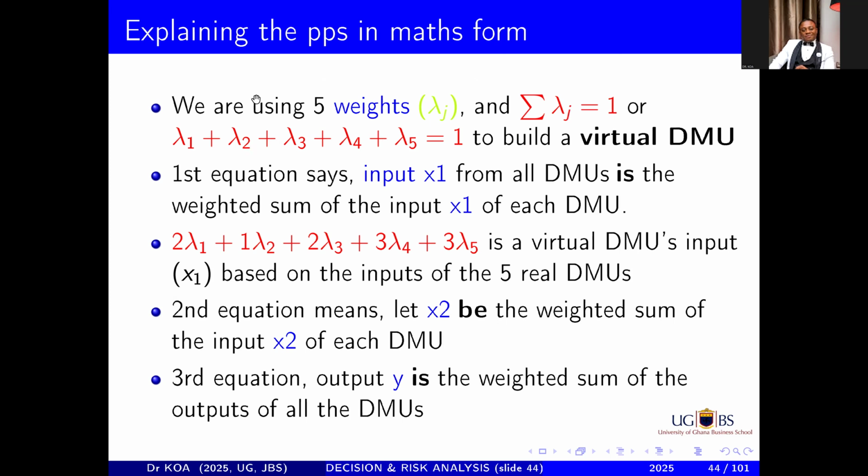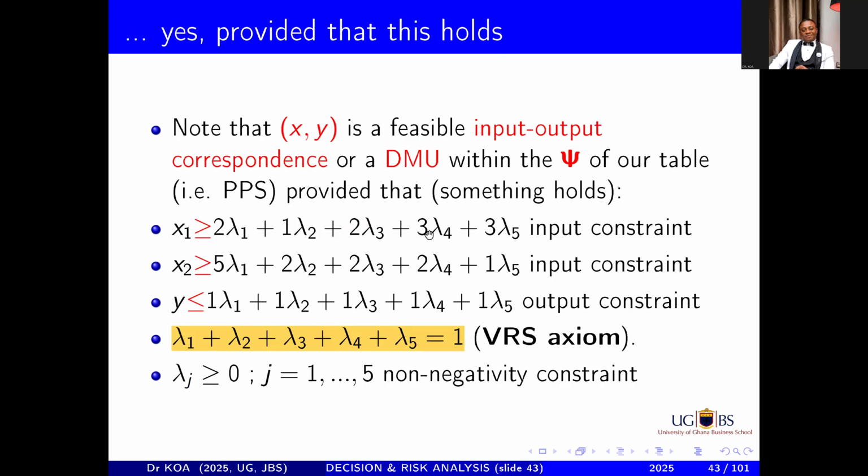So this first equation is saying that the input from all DMUs is the weighted sum of the input of each DMU. You can see that the first equation says x1 is greater than that.